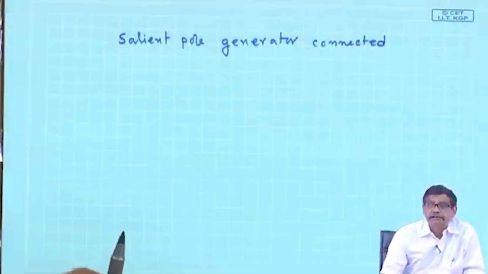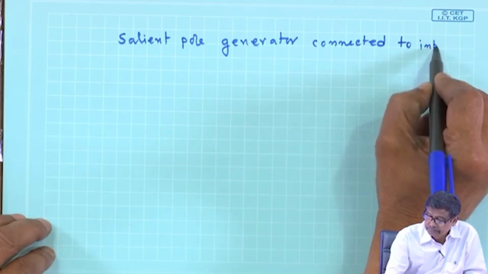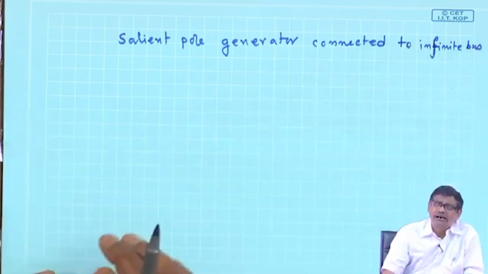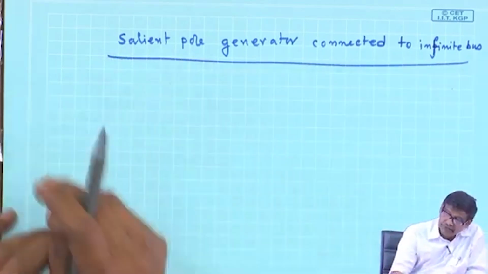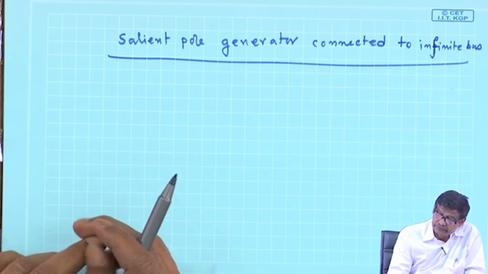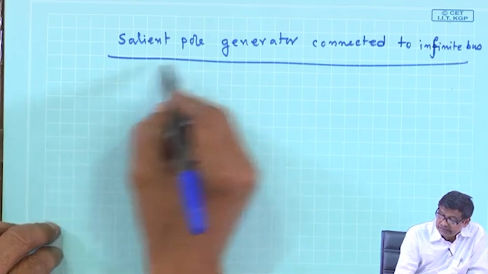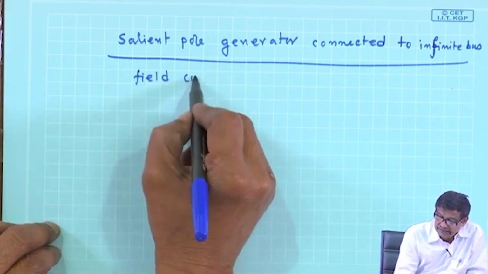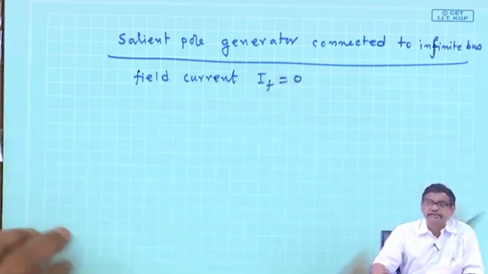This you must understand. Now, suppose a salient pole generator is connected to an infinite bus, or it may also operate isolated. Let us see what happens. Suppose the condition I put is that the field current IF of the generator is 0, no excitation.